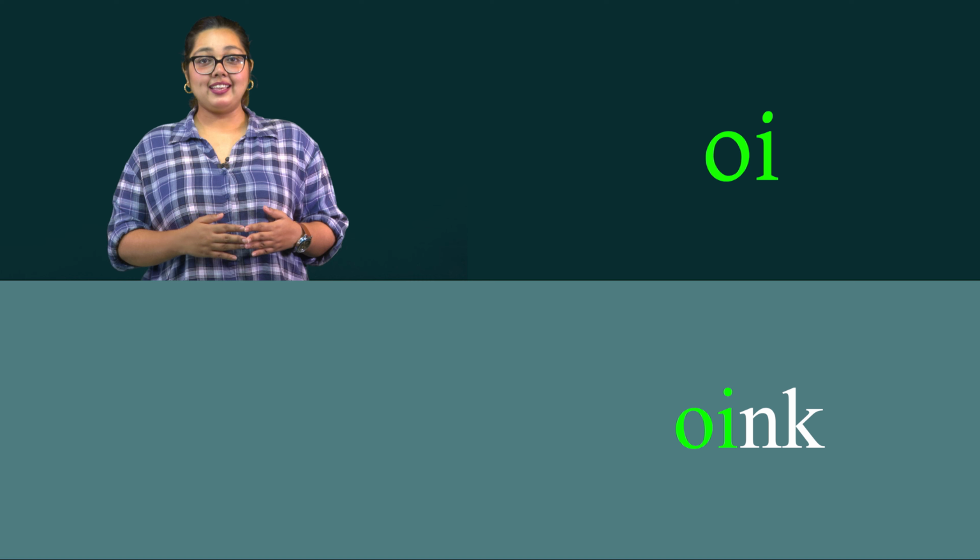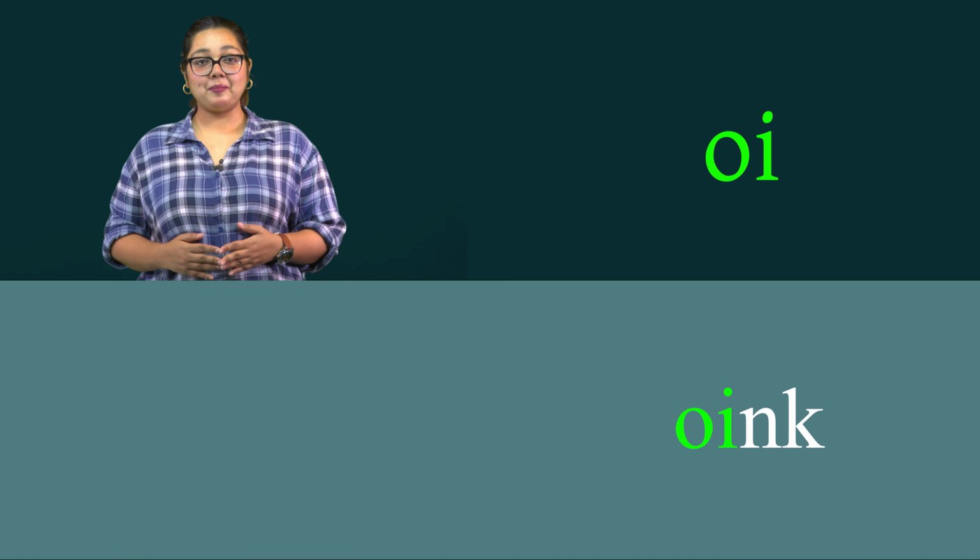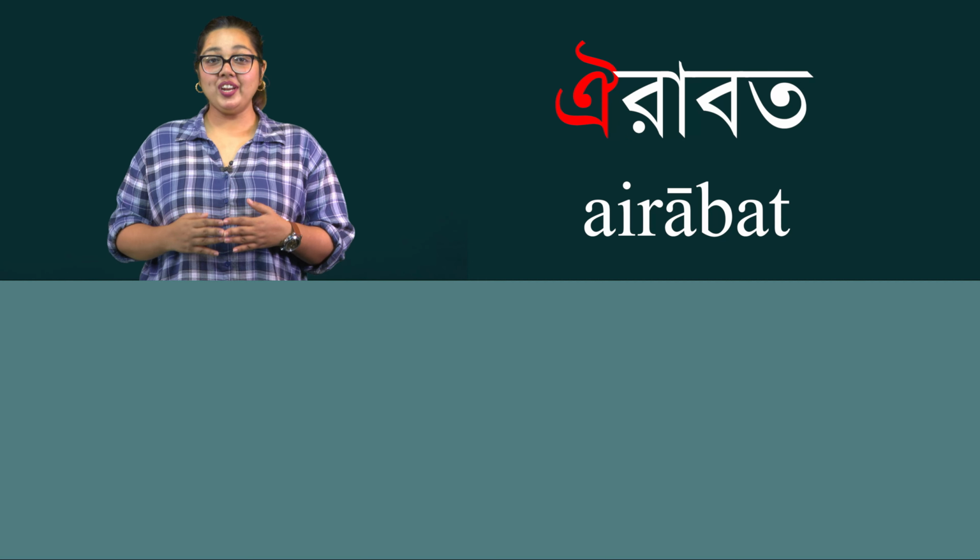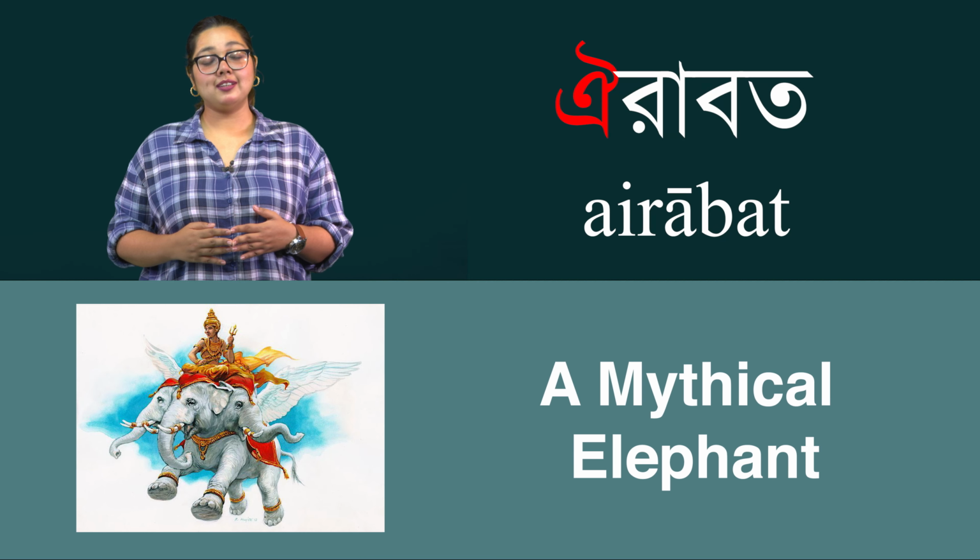The next letter is Oi. It is pronounced as Oi in the English word oink. There is no matra above the letter. It occurs only at the beginning of a word in its original form. For example, Oirabot, which means a mythical elephant. It does not occur medially or finally.